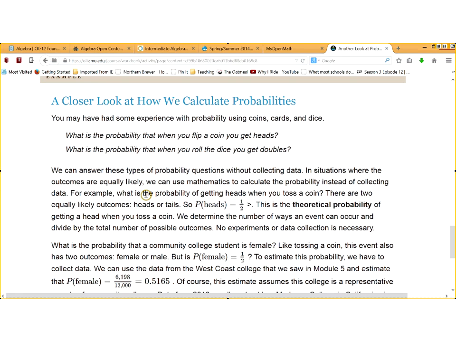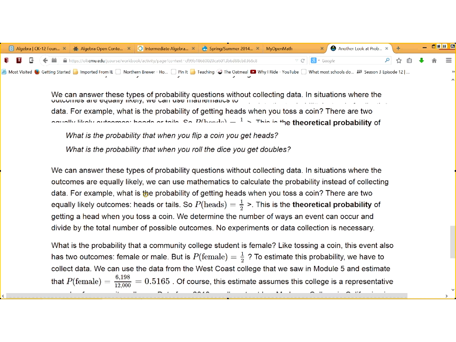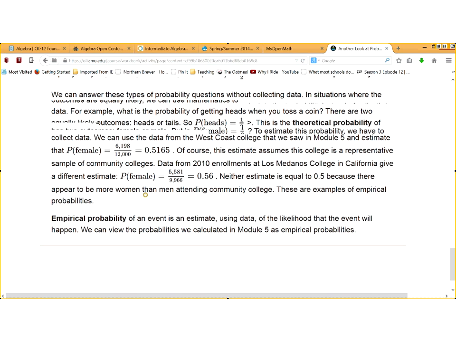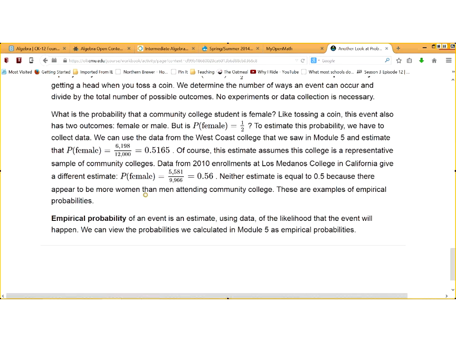In other situations, though, it's a little trickier to calculate probability. So that's what this talks about here, is based on enrollment data. You have to use actual numbers and do the calculations instead of theoretical. We haven't flipped a coin all the times that it can be flipped, because that's impossible.